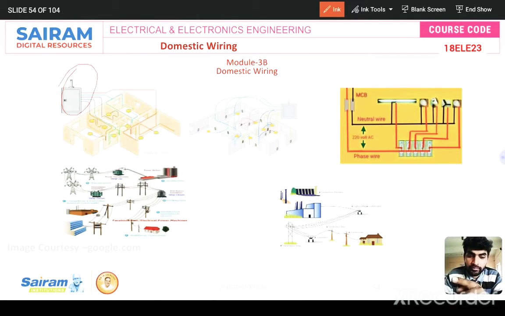In our college, this type of distribution board is available near the staircase, in the bottom of the staircase on the ground floor. We have the distribution board for our particular rooms and laboratories. The wire passes from here to this room and then this room with a specified pipe.